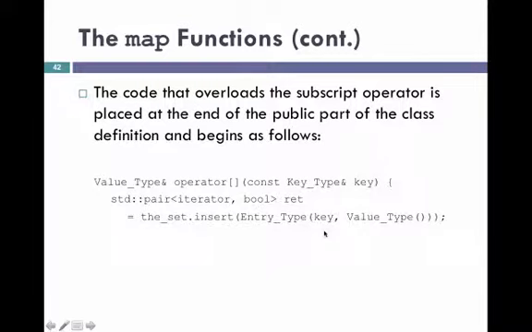Now if this key already exists in the map, then the insertion will fail, and you'll get an iterator that points to the entry that's already in the map, and the Boolean will be set to false. So this code, when you do the subscript and you're trying to do an associative access, look up the value for a given key, it attempts to just insert that key, and you'll get back a pair that will depend on whether you added the key or whether a key value pair already exists for that key.